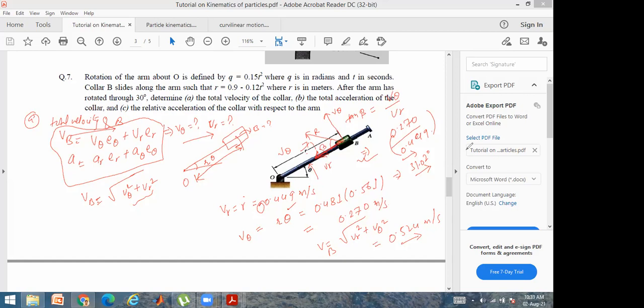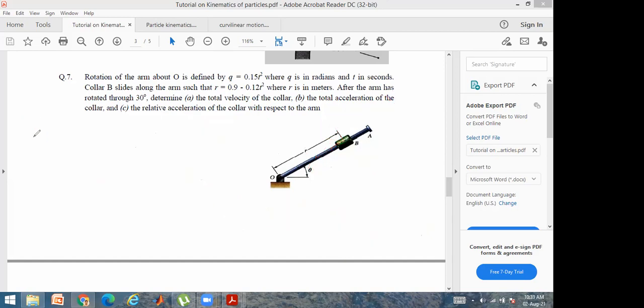Similarly, acceleration तिमीलाई फाइन्ड गर्न भनेको छ. The total acceleration will be equals to ar er plus aθ eθ, and this total acceleration will be equals to square root of ar square plus aθ square.